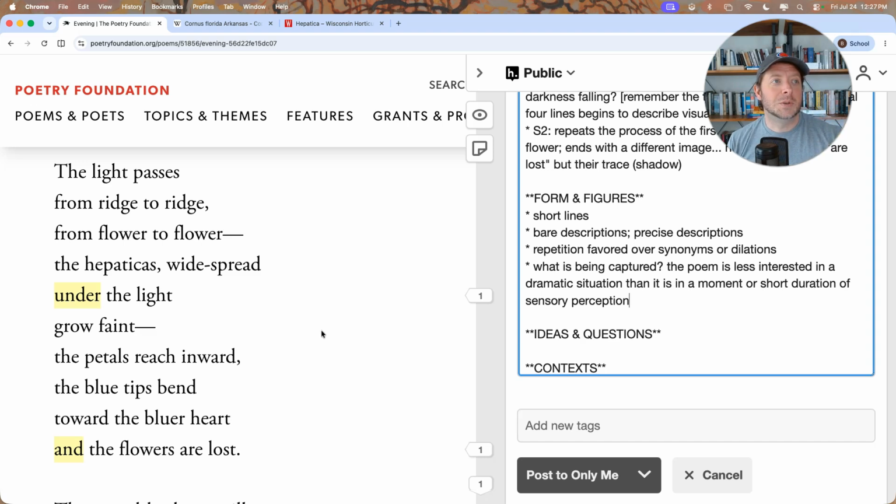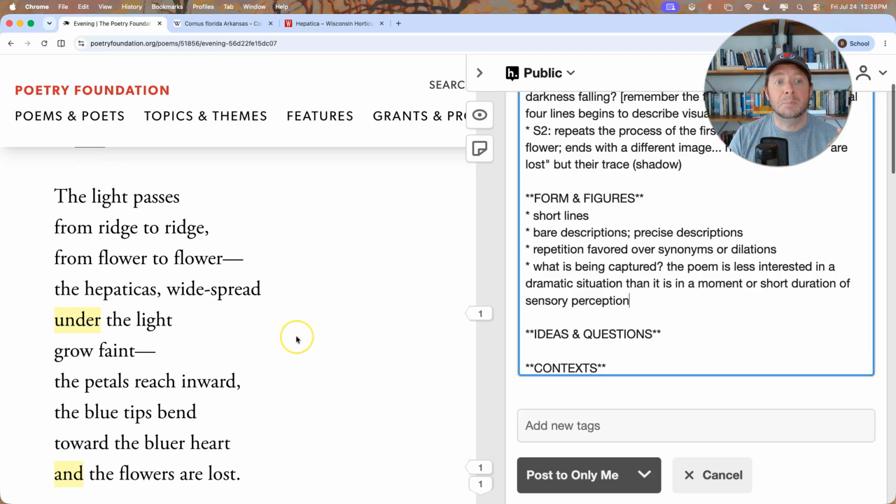attempting to express or get the viewer to somehow feel something about a certain angle of perception or a moment of perception. I don't know if that makes sense, but I hope you see what I'm trying to say, that there's a connection maybe between the arts in this moment.